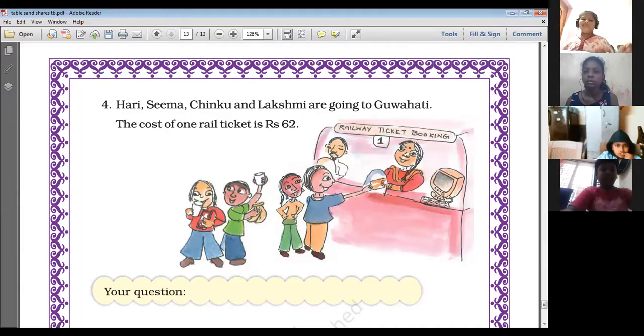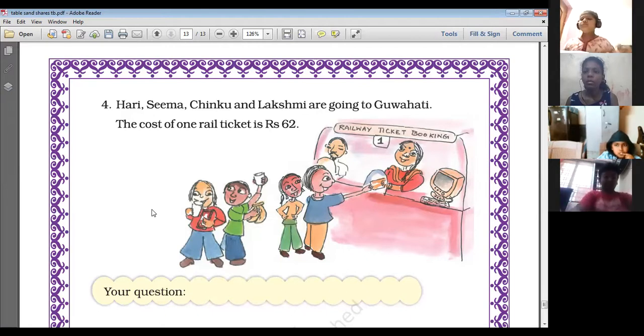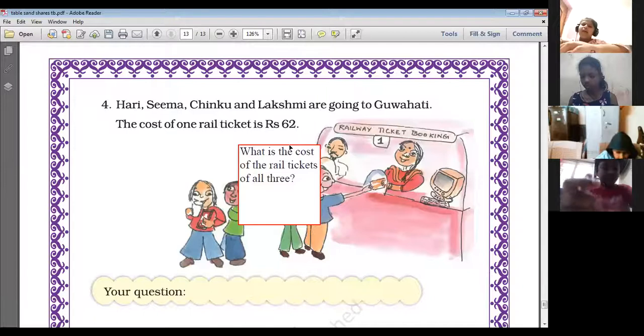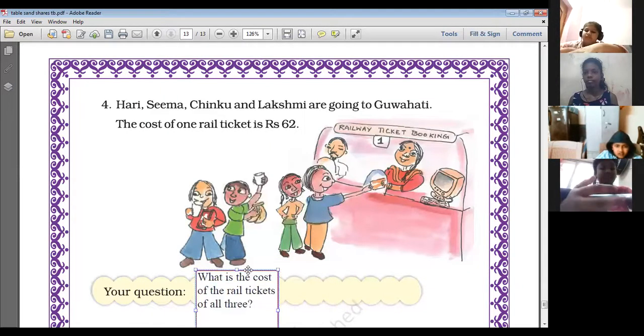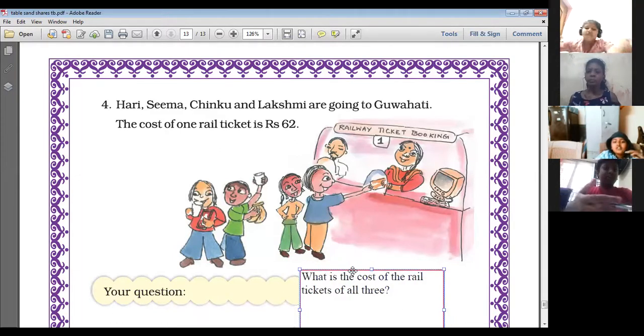How many rupees did they pay for all the 4 tickets?